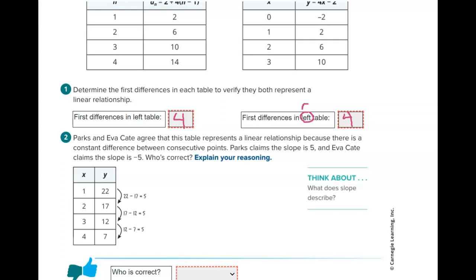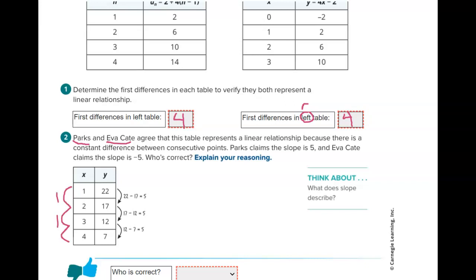So now what you're doing here is there are two people. There's Parks and Eva Kate. And they agree that this table represents a linear relationship because they noticed that these are all increasing by 1.